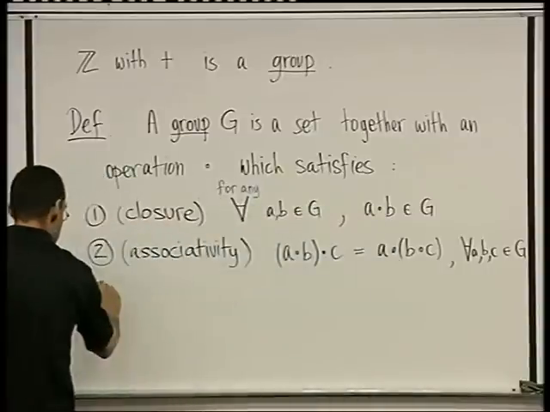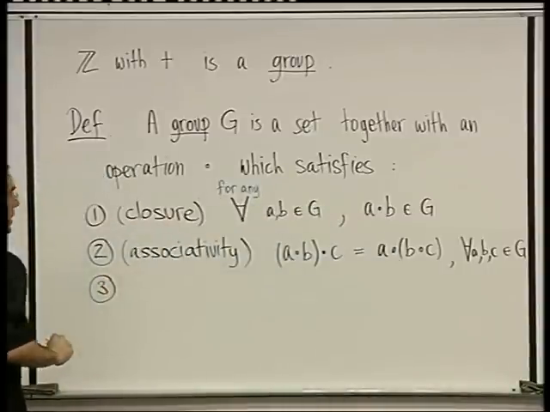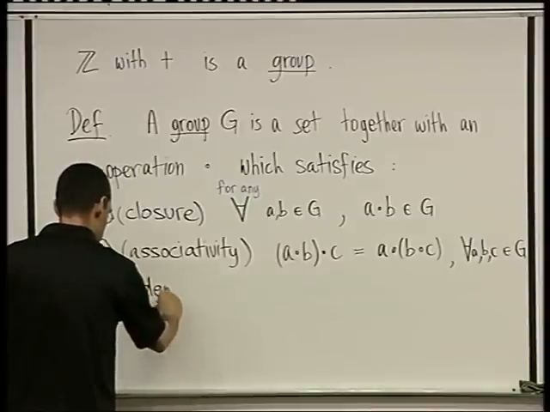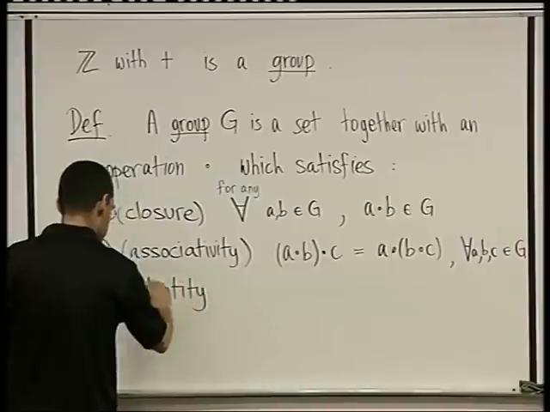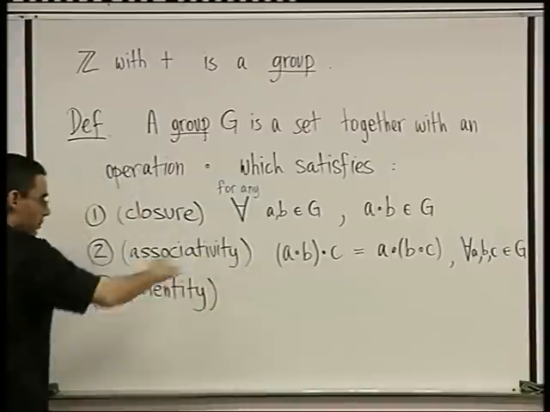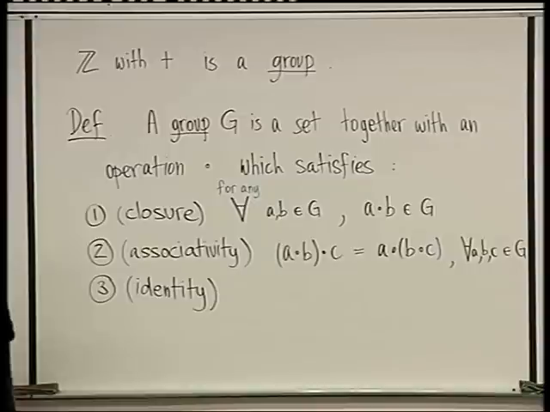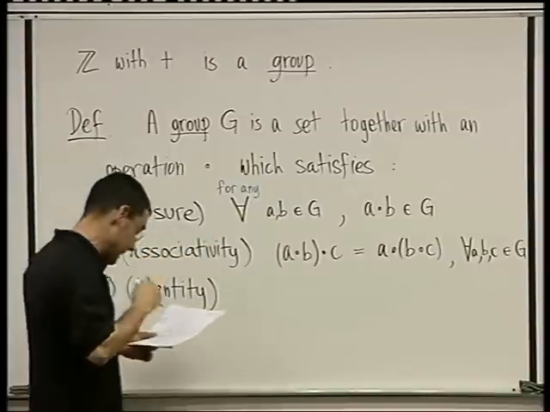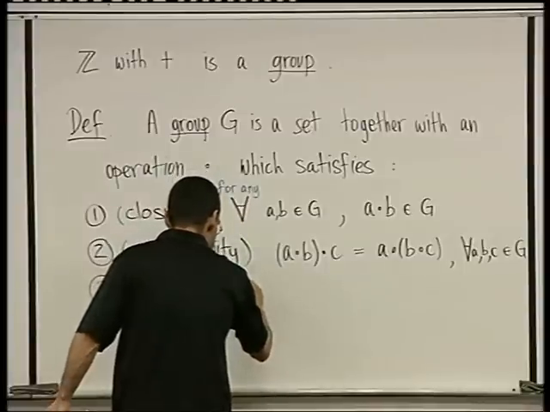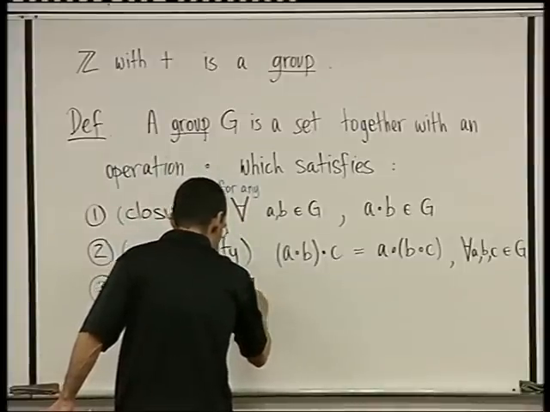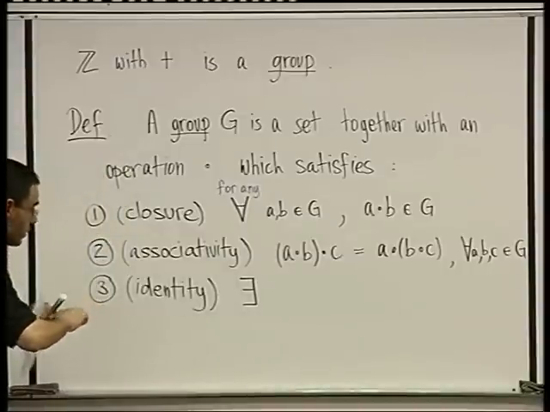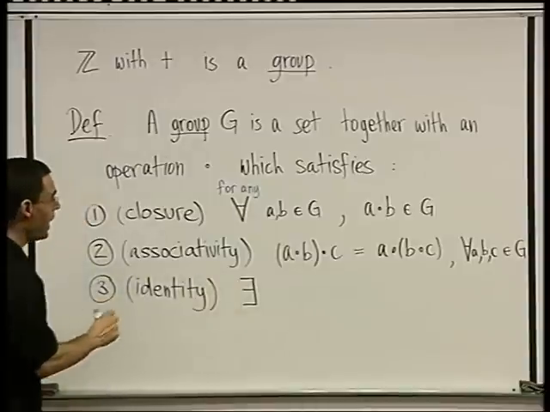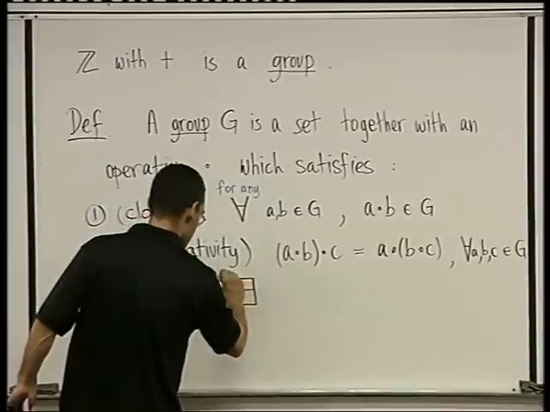Property number 3. This is the identity. So by the way, property number 2, we know for addition of integers, right? That's what we mentioned earlier. So the identity says that there exists, so this symbol here, which is an E facing the wrong way, means exists.